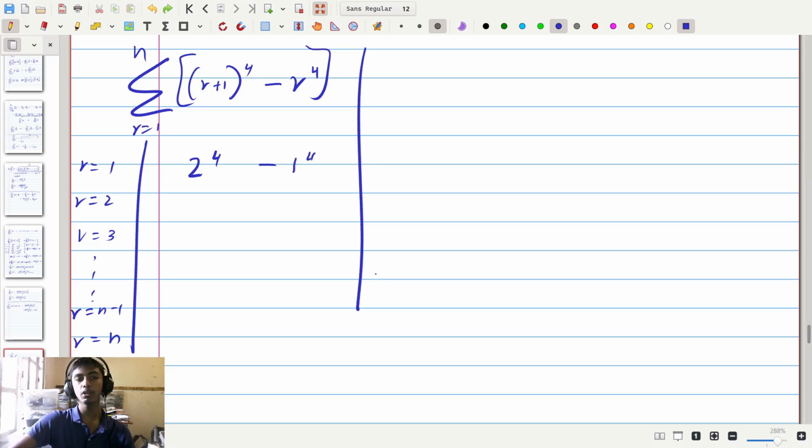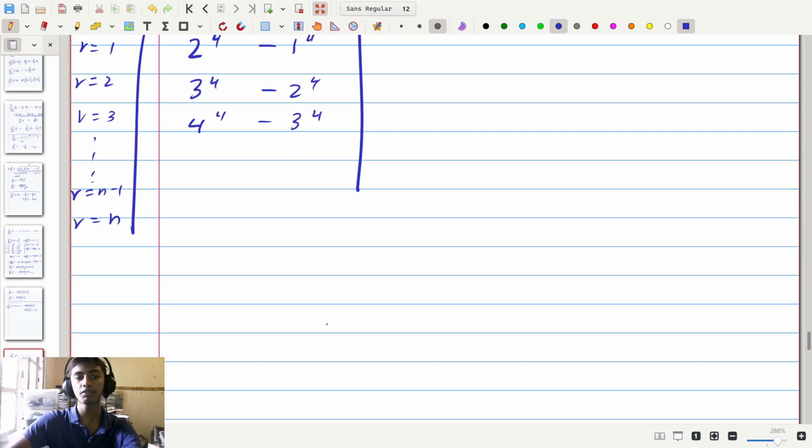For r equals 2, substituting, we would have 3 to the power of 4 minus 2 to the power of 4. The next term would be 4 to the power of 4 minus 3 to the power of 4. Going down, the last term would be n plus 1 to the power of 4 minus n to the power of 4, and the term before that would have been n to the power of 4 minus n minus 1 to the power of 4.